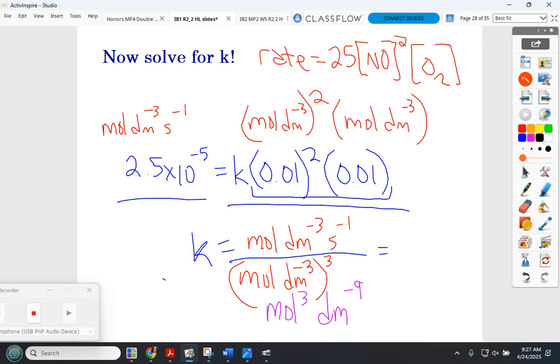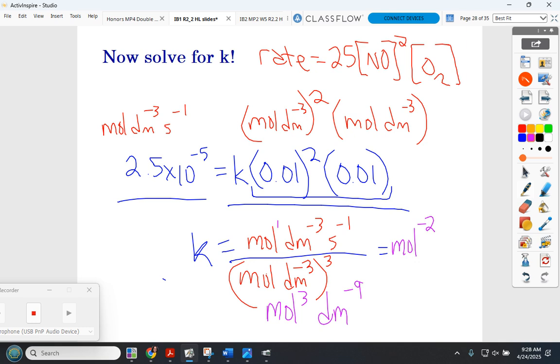All right, so what do we do now with moles on top and moles cubed on the bottom? What do we do when we're dividing exponents? That's when we're going to subtract. So multiplying exponents, you add. Dividing exponents, you subtract. So we've got moles to the first divided by moles to the third. That's going to be moles to the -2.